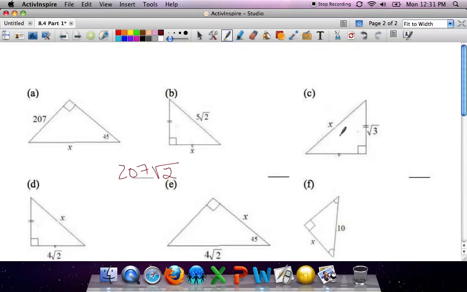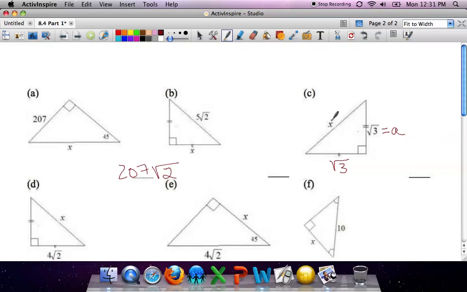For C, let's see, you have x is the hypotenuse. Each side is root 3, and of course it's a 45-45-90. So what would x be? Well, you'd have to do root 3 squared plus root 3 squared. Oh, no, we're not doing that, are we? We are definitely not doing that. We're going to use the relationship we just learned. So x, well, you can think of this as being a, right?